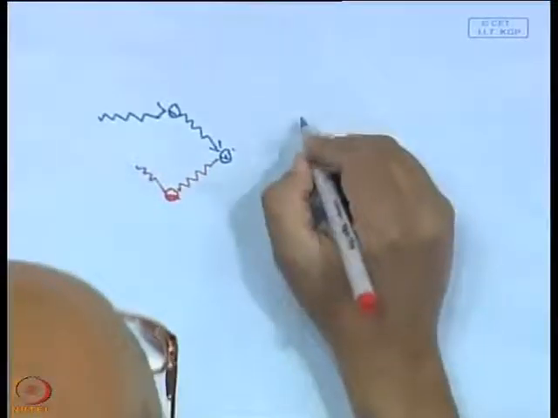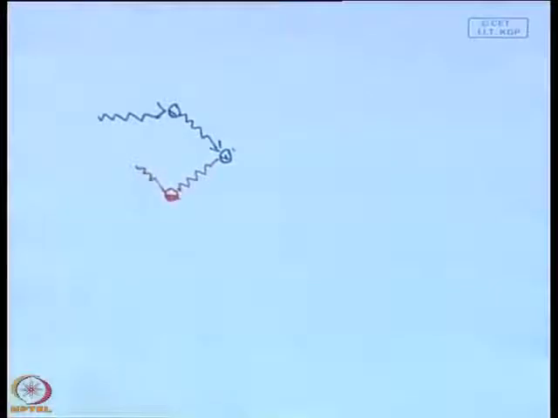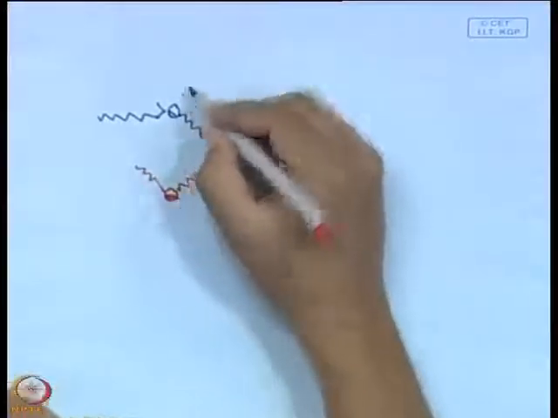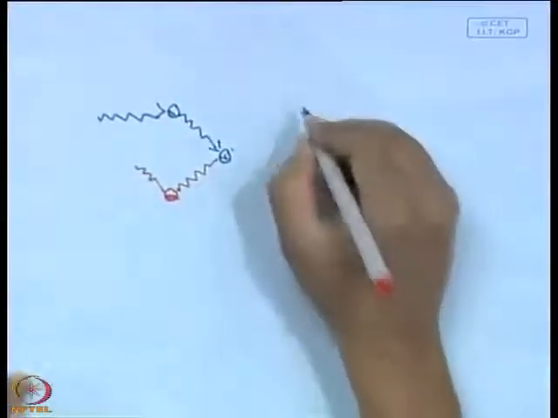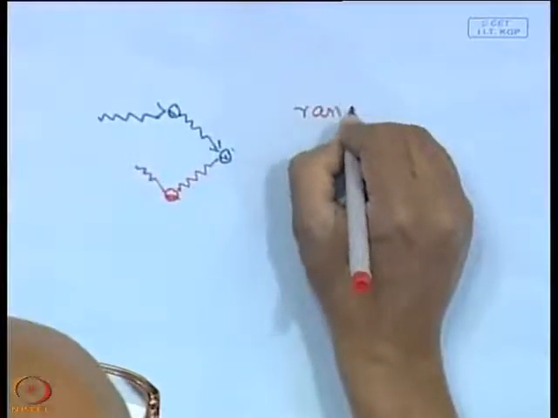So it's called a random walk. At every scattering event, the direction gets shifted to another randomly chosen direction, okay, this is called a random walk.